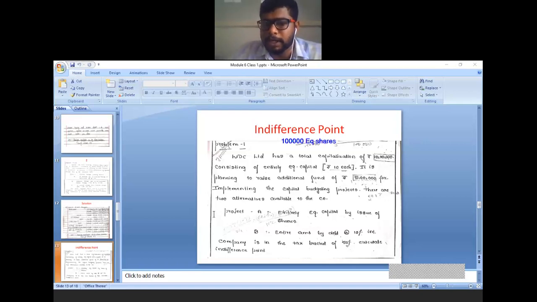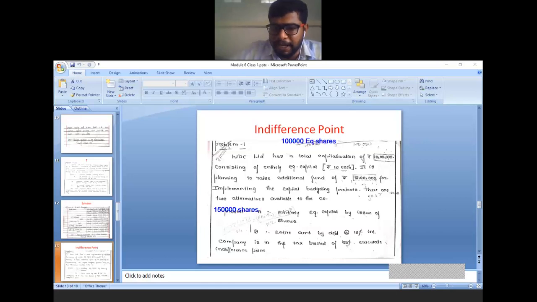Total how many equity shares then? 15 lakh divided by face value 10 means 1,50,000 shares. In the case of plan 1, 1,50,000 shares. How? 1 lakh existing, 50,000 additional. So 1,50,000 shares for plan 1.